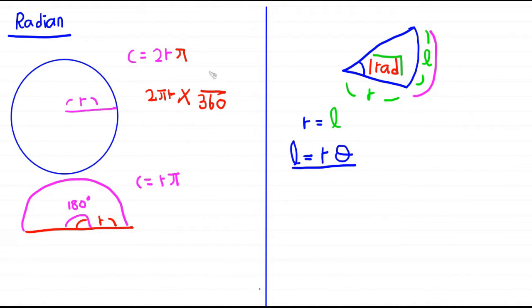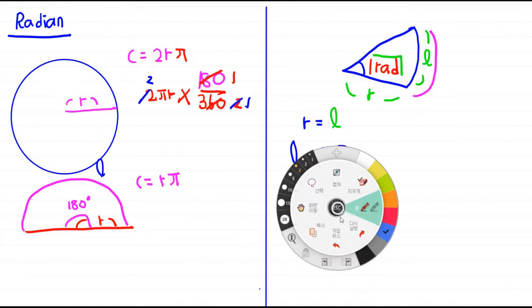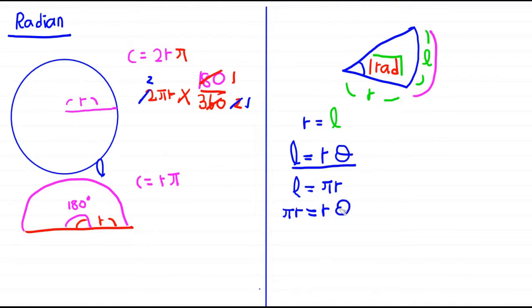So 180 over 360, and we can simplify furthermore: this will be 1, this will be 2, and you will be left with the length L. I'll write down here, L is equal to pi r, and so pi r is equal to the radius times the angle theta right over here.